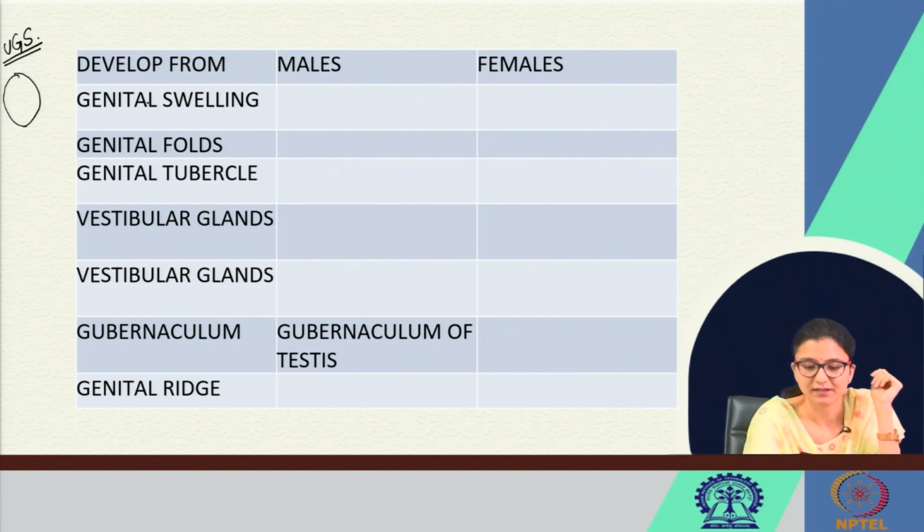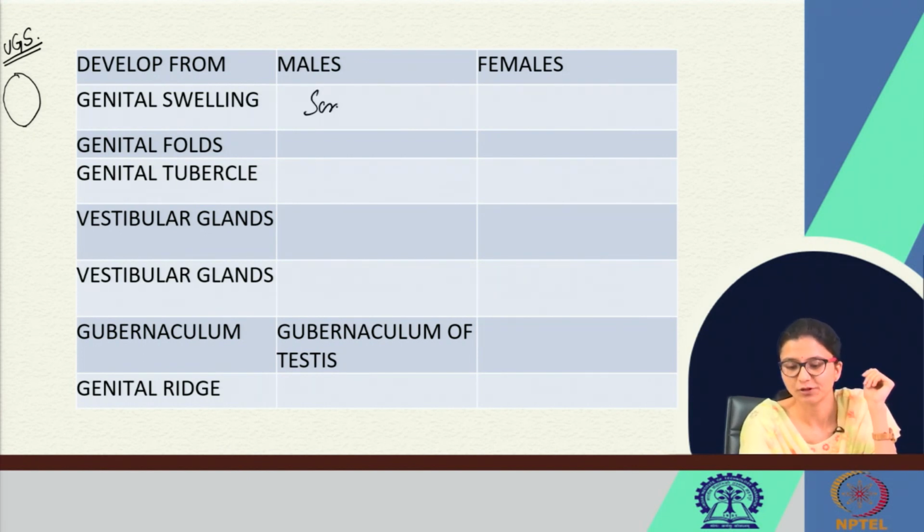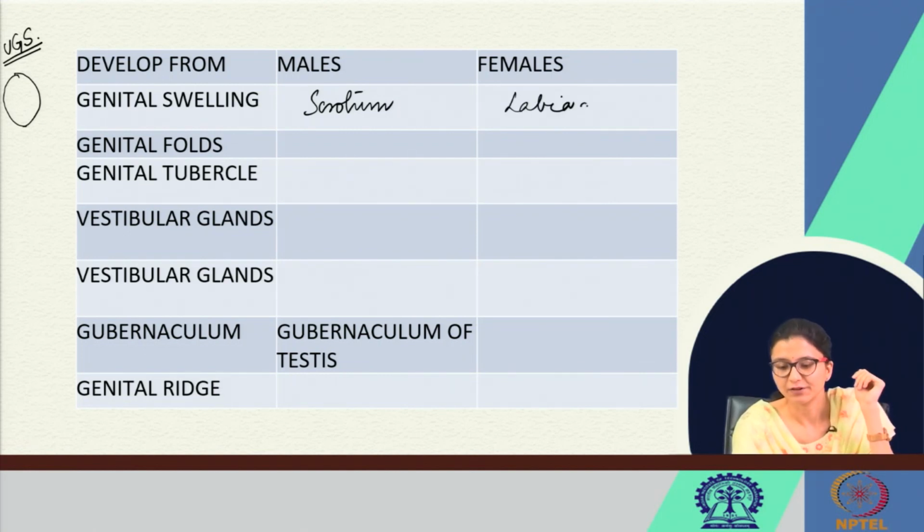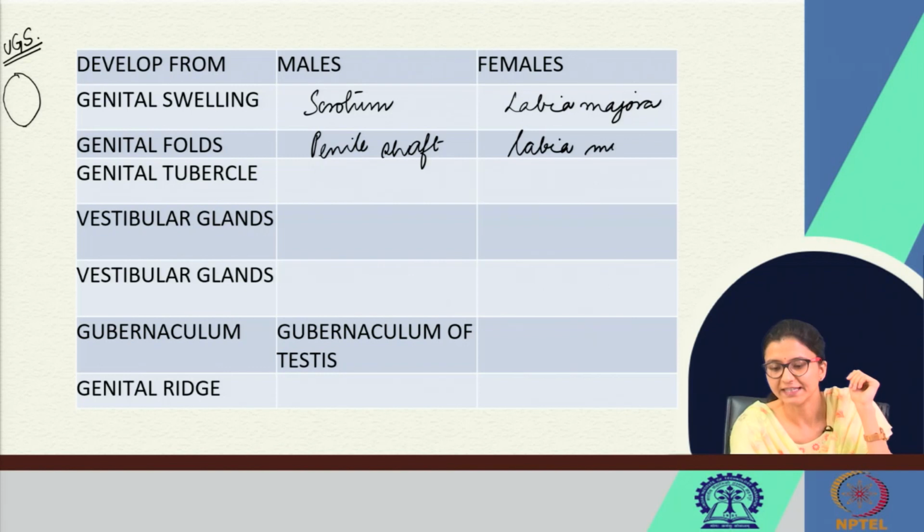So, it has parts, the genital swelling. In males it will form scrotum, in females it will form the labia majora. Genital folds in males will form the penile shaft, in females it will form the labia minora. Genital tubercle in males will form the glans penis, and in females they will form the clitoris.